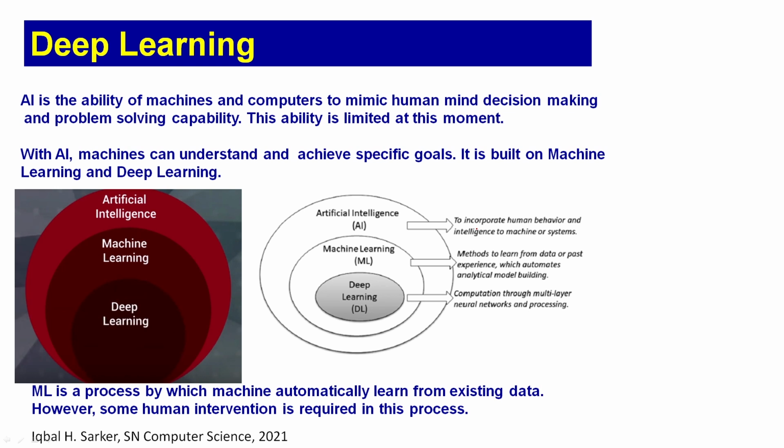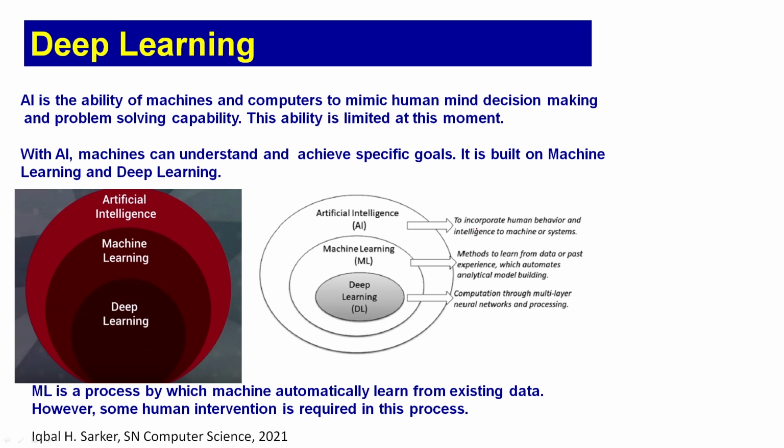On the other hand, deep learning is based on multi-layer neural networks and processing. They are not like many machine learning techniques we learned, like regression or classification problems, but are more based on neural network type of issues. That is the difference between machine learning and deep learning. We will see even much larger differences between these two techniques.